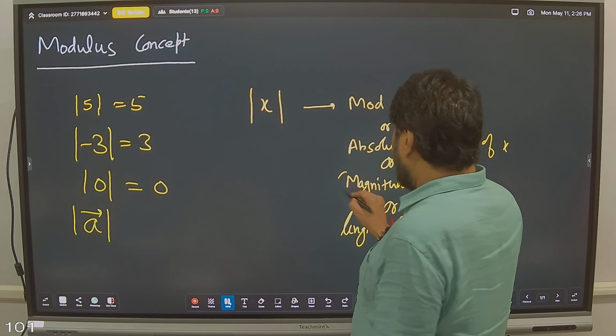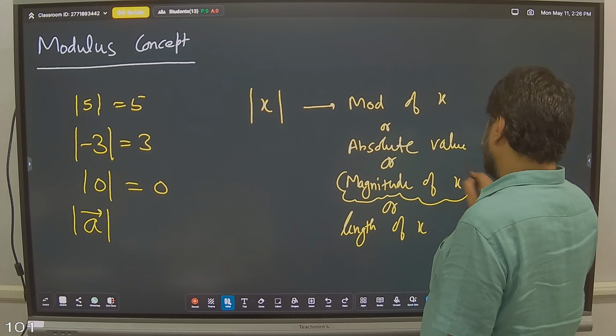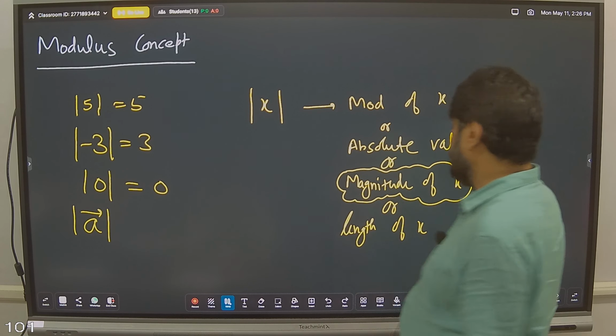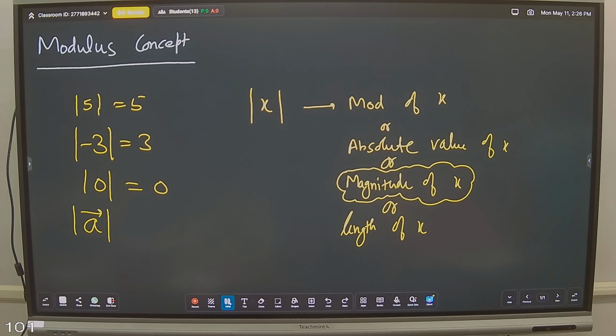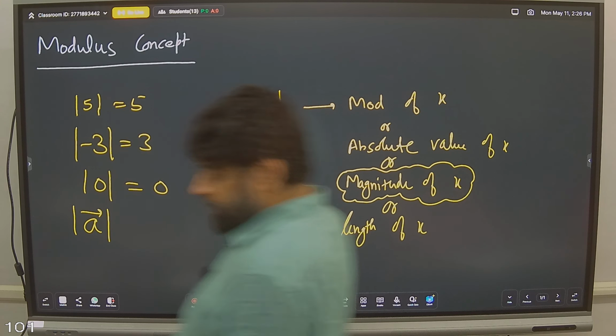So basically, I will use this definition maximum of the time. This is the more crystal clear definition. Whenever you want to get the mod of x, you are going to talk about the magnitude of x. Am I clear? Write it quickly.